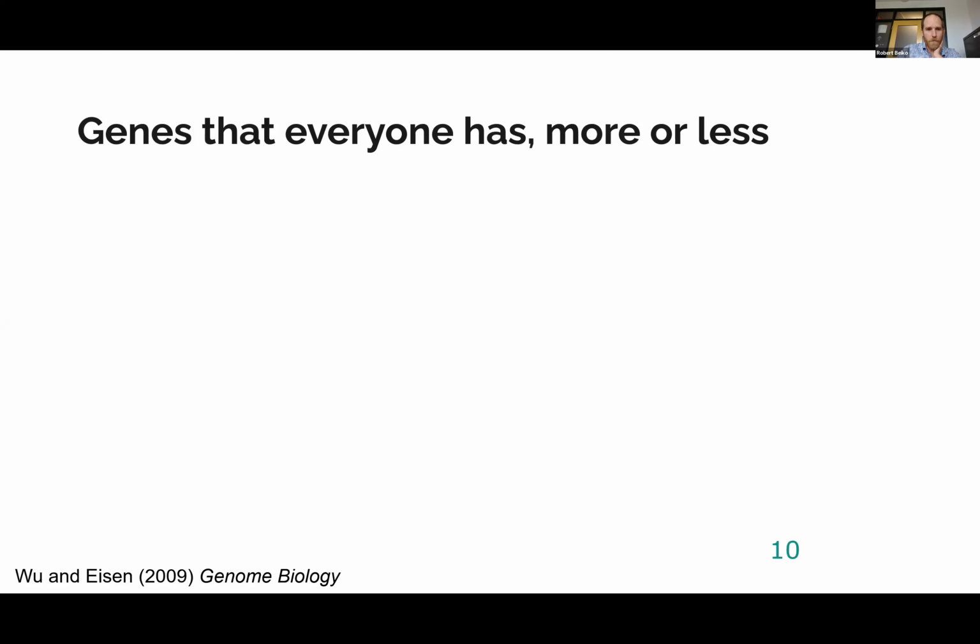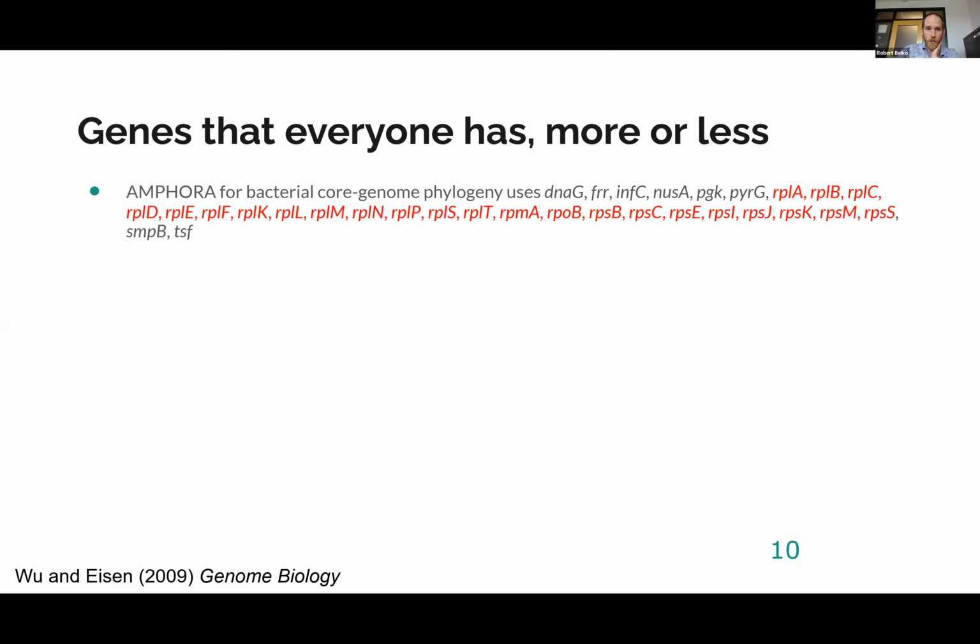But just to cite one example, a method that was used for genome phylogeny called Amphora, made a while ago, identified just under 30 conserved core genes across all of microbial life. You see them there. The ones that are highlighted in red encode ribosomal proteins. So you can see that we've got 23 in red, and all of these encode proteins that are part of either the large or small subunit of the ribosome. Well, okay, isn't that interesting? Maybe we're starting to get somewhere.